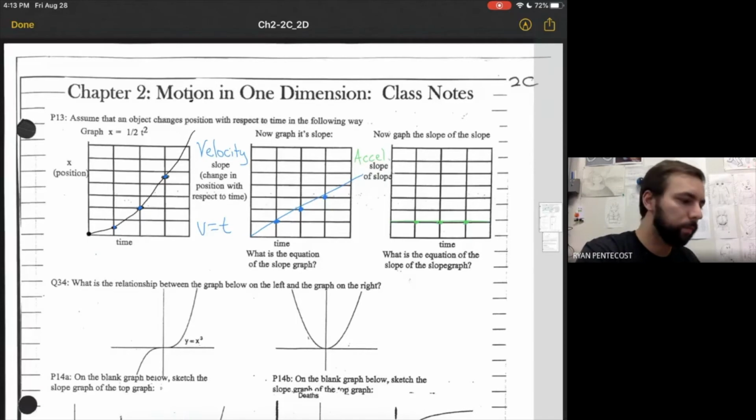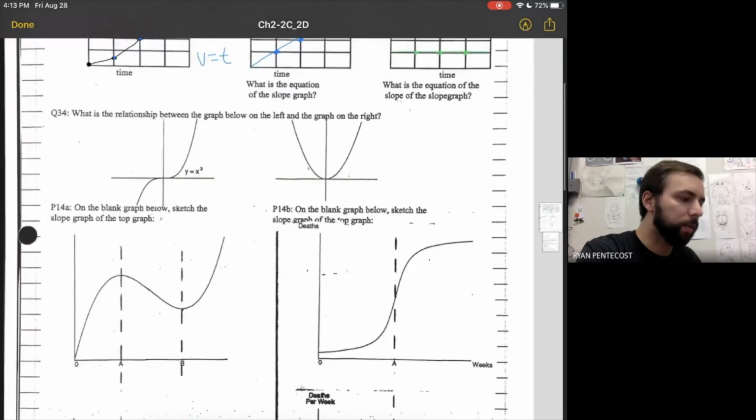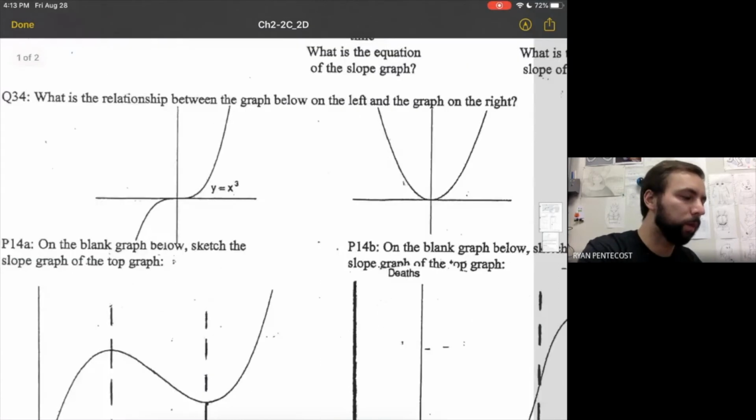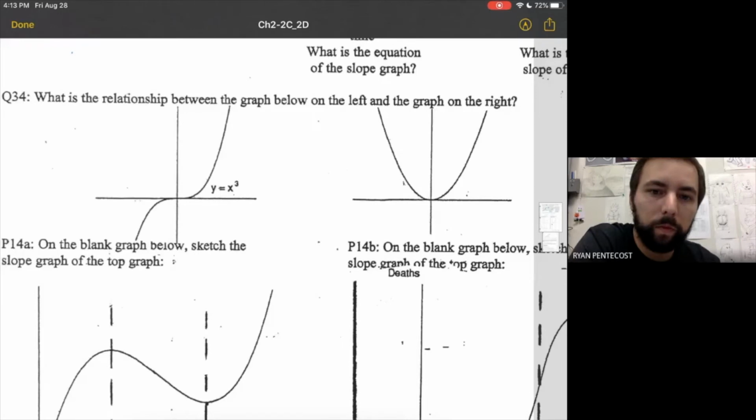Now, what is the relationship between the graph below on the left and the graph below on the right? So the relationship between the two, I gave you some thinking time there.